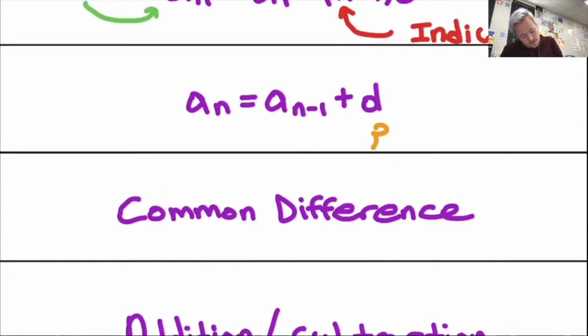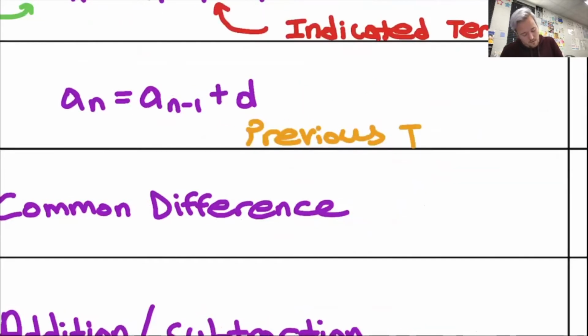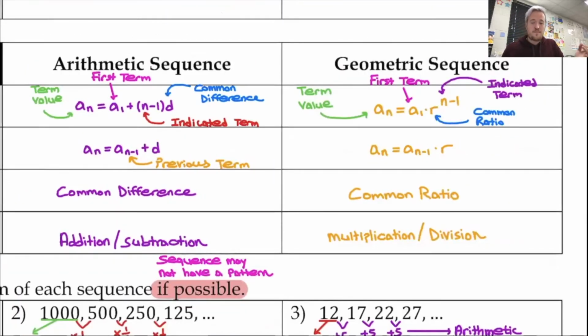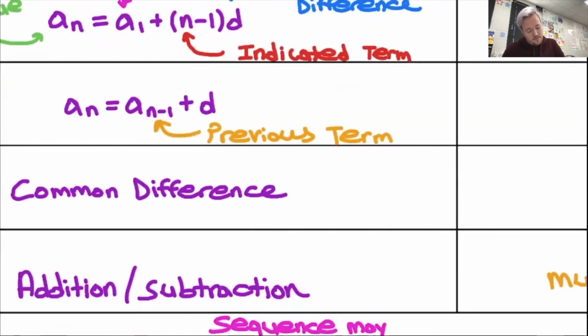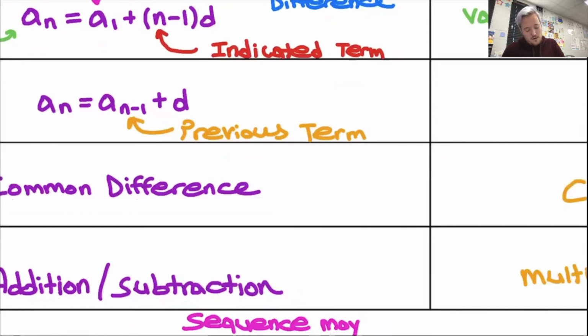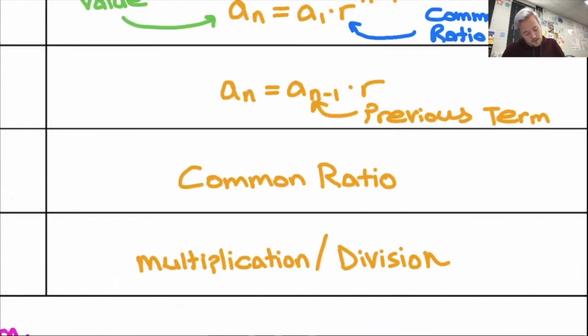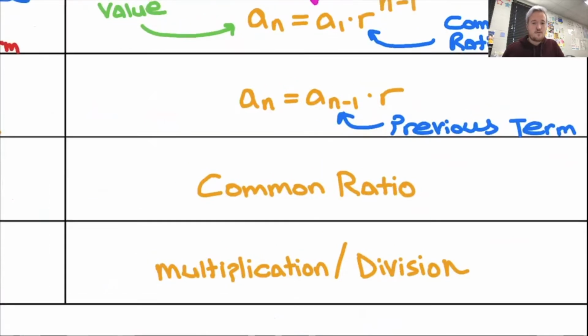The previous term is A of n minus 1, and that applies to both arithmetic and geometric sequences, since they both have A of n minus 1. So I'm going to put this over here. Let's make it blue, just change the color a little bit.